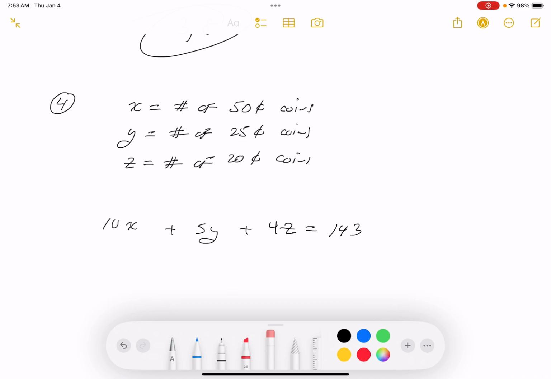I'm still going to go back and read the problem. How many ways can 715 be paid out in 50-cent pieces, 25-cent pieces, 20-cent pieces, so that twice the number of 50-cent pieces plus twice the number of 25-cent pieces shall exceed the number of 20-cent pieces by 31.